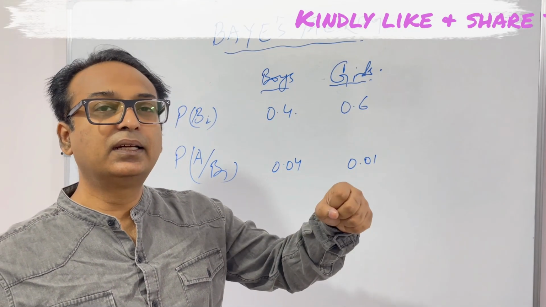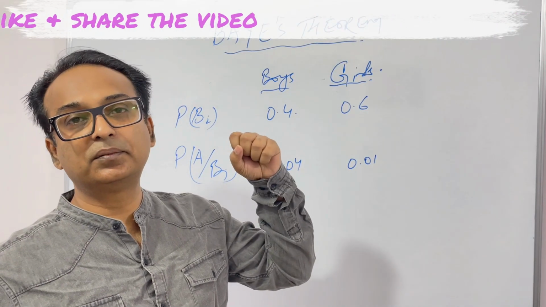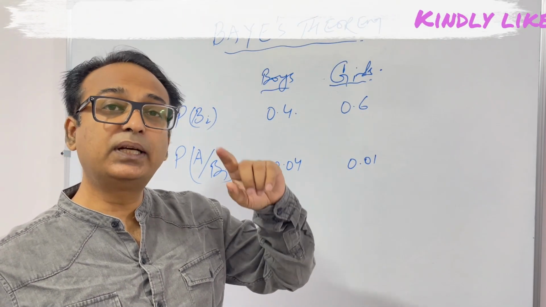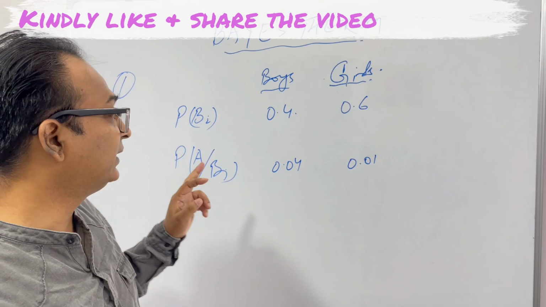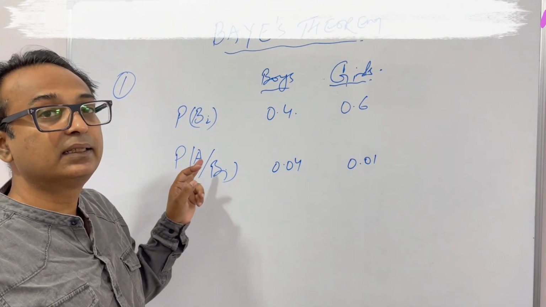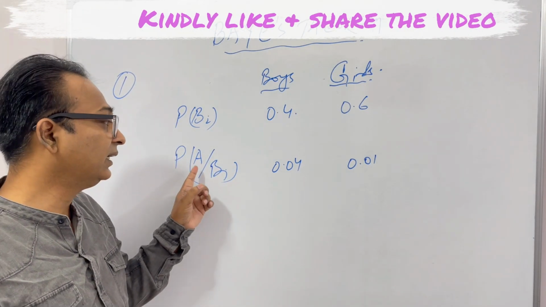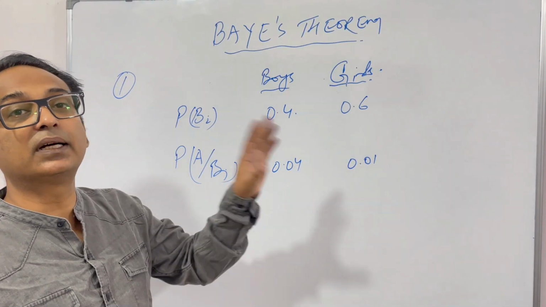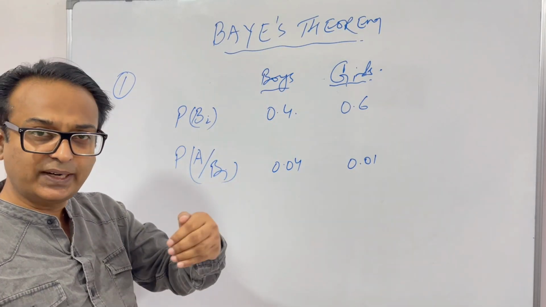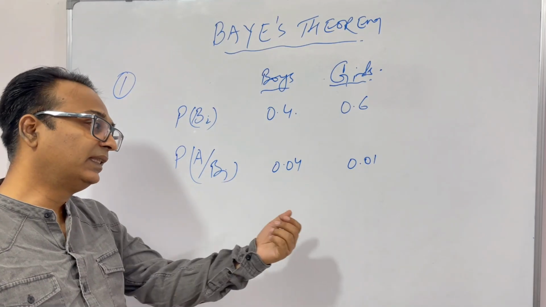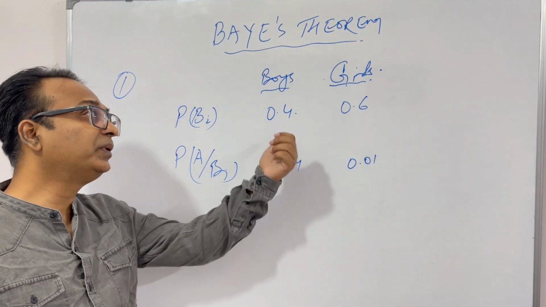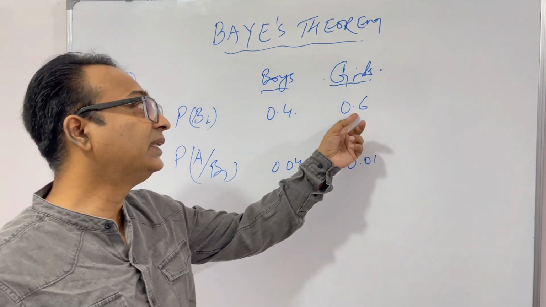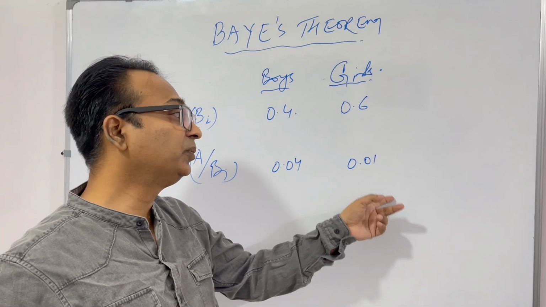The question is, if we randomly pick a student and the student is found to be taller than 6 feet, that is A, the student is satisfying the event A. What is the probability that he is a boy or a girl? So we have to find the probability of that student to be a boy and the probability of that student to be a girl.